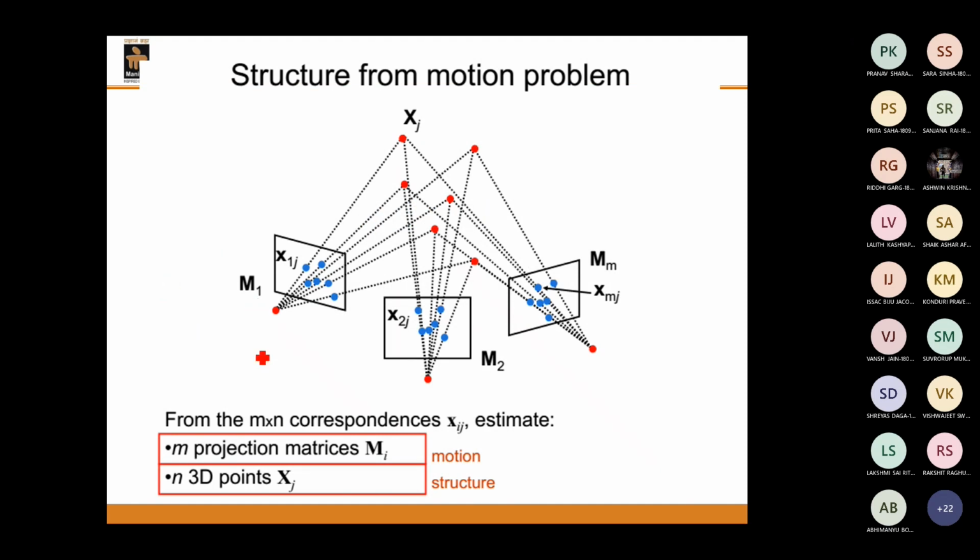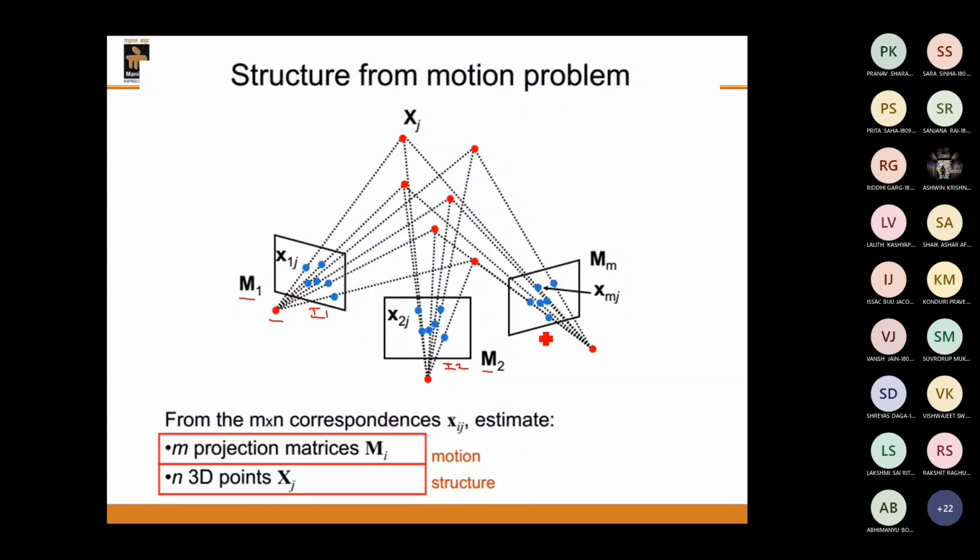Here we can assume that we have one camera, and this is the image, let's say I1, which has been obtained from the first camera, and let's say the matrix of the first camera is given by M1. Similarly, you have the second camera, the image I2, which is formed from the second camera, and the second camera matrix is given by M2.